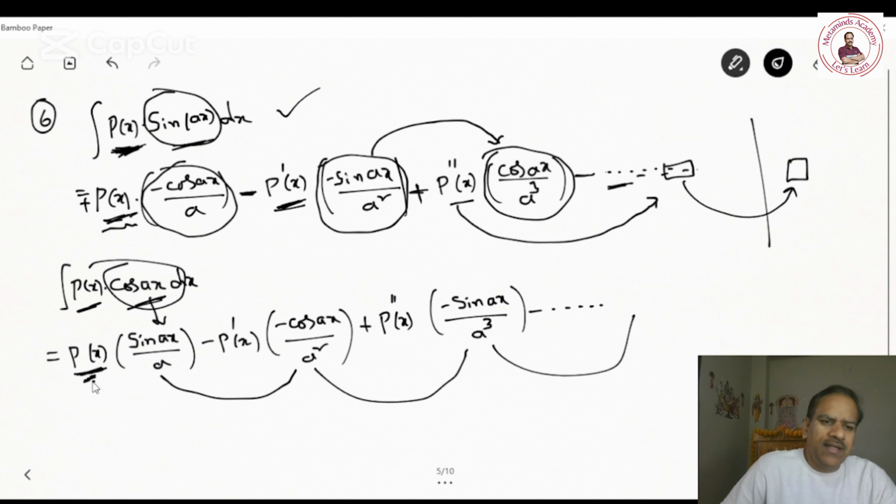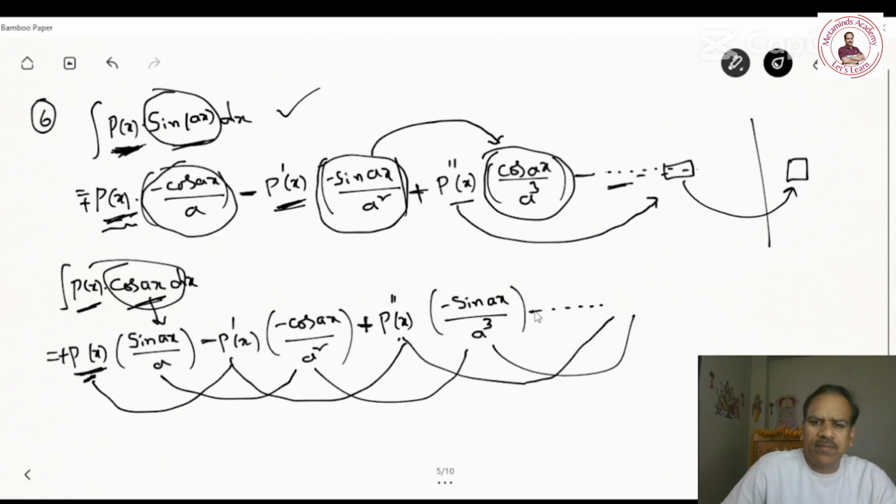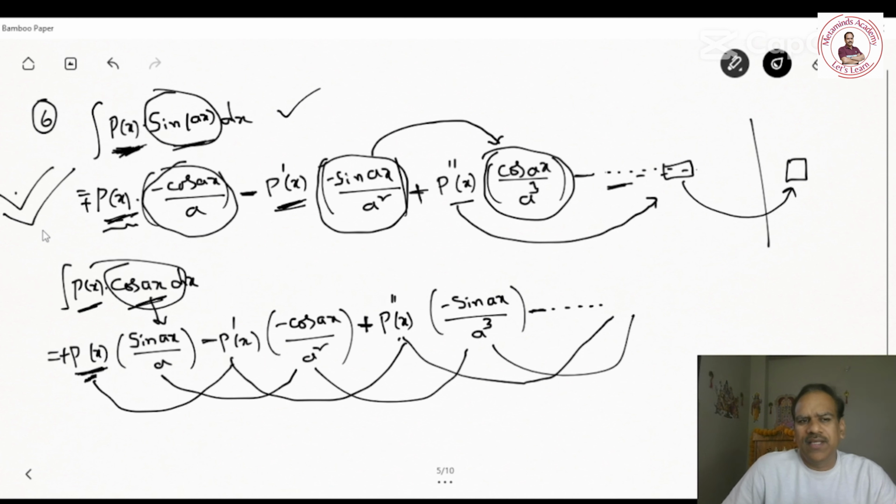Whereas derivative of p of x is p dash x, derivative of p dash x is p double dash x, p triple dash x, and so on. So you should remember positive and negative signs will come alternatively. So that is how you can remember these two formulas. And this formula is very, very important, right? We are going to use this extensively during almost all the problems in this particular chapter, right?